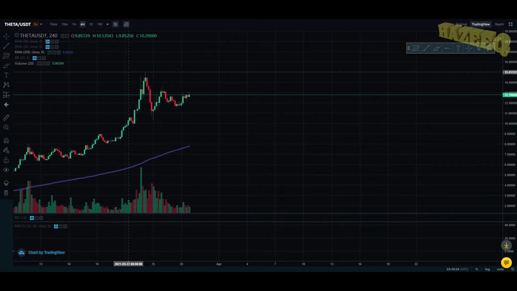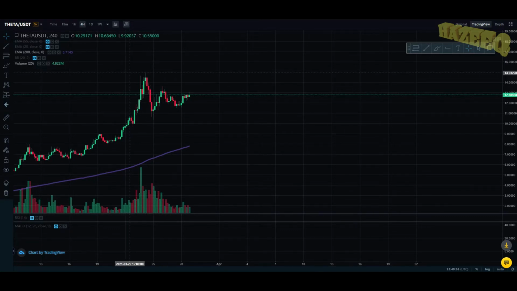Now this $15 mark is going to be our resistance level because as you can see, we had that wick up there, and the sellers sent the price down because the selling pressure was a lot stronger than the buying pressure. So we had that wick up, they sent us back down, and the price went down, correcting all the way to $10. So now this is our resistance level.